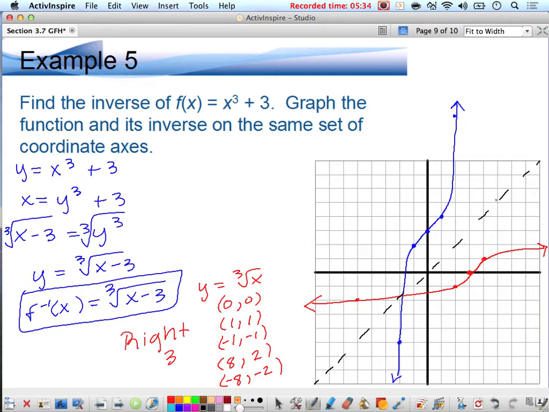Another way to look at it is this. What is this point right here? That's (3, 0), right? What's this point? (0, 3). See how they're the reverse of each other? The x equals the y. That's true for every point on here if you check it. So that's how a function is related to its inverse on a graph.